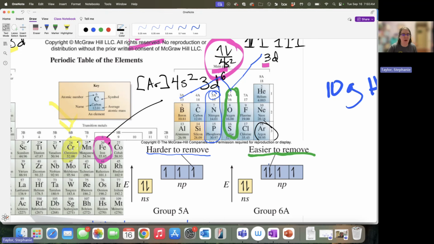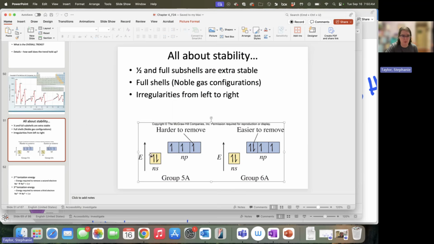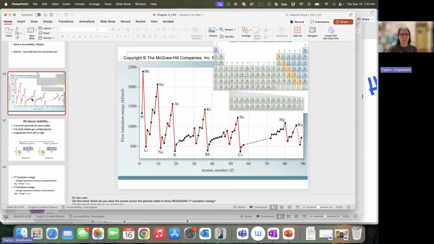So oxygen's kind of ready and willing to dump one of its electrons for the sake of having a half-filled subshell. Whereas nitrogen is already there, it doesn't want to give it up. So nitrogen has a little higher ionization energy than you might expect. Oxygen has a little lower ionization energy than you might expect. So those are the exceptions we usually look at, in that half-filled p subshell.